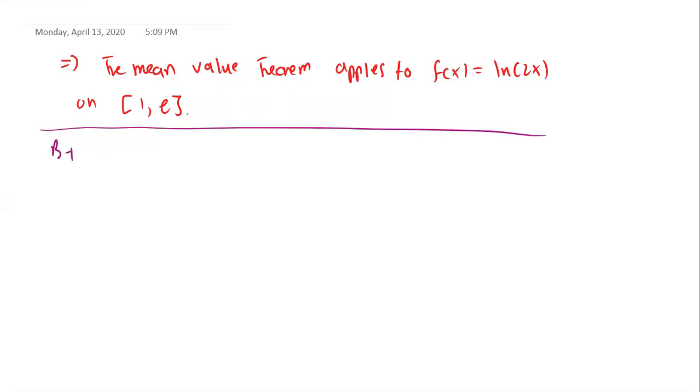So let me just write that. Let me write mean value theorem. So MVT for mean value theorem. So I'm just going to write it once. So from now on, if I write MVT, that means mean value theorem.